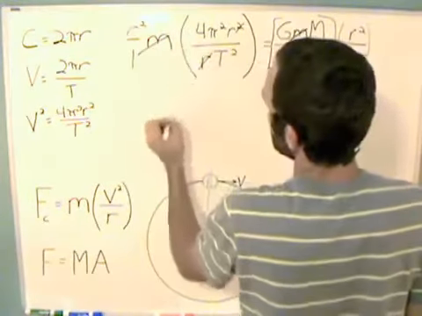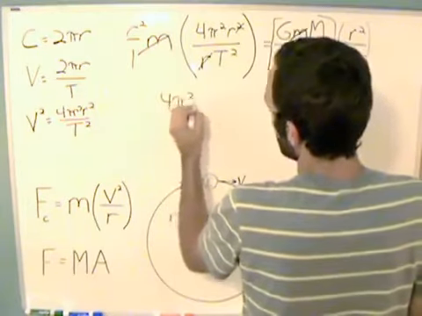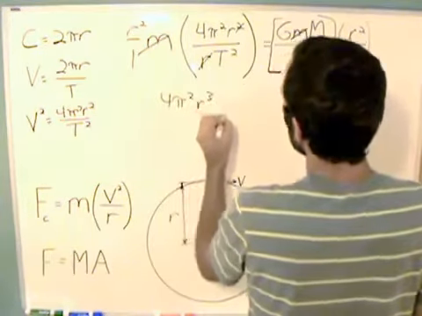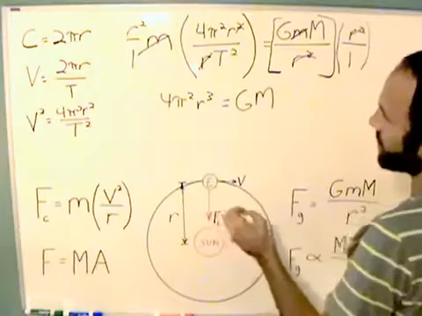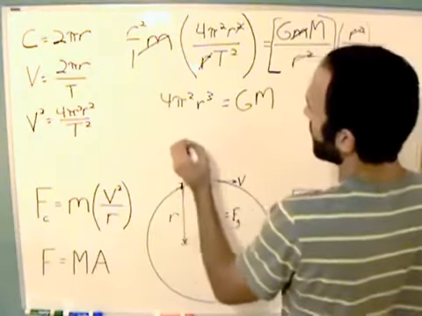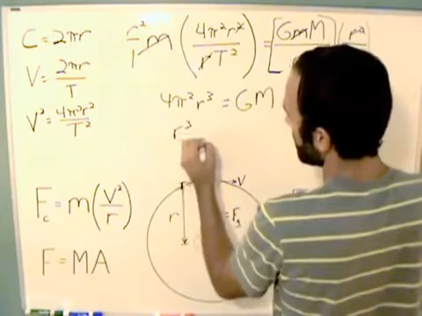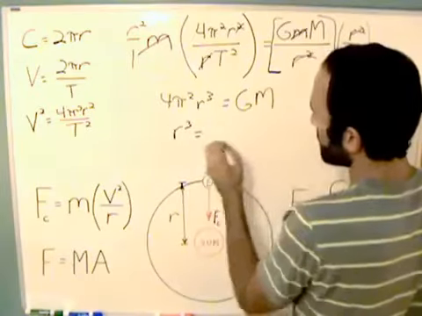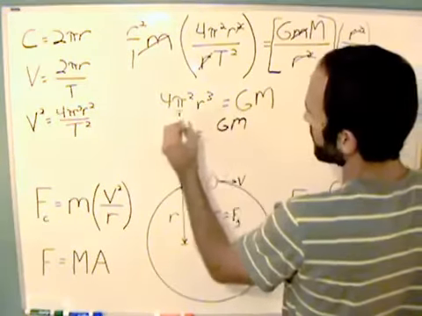And that gives us 4 pi squared r cubed equals, and r squared cancels on this side, G times big M. And then we want to get r by itself over here, so we just divide by 4 pi squared. I'm not going to actually show the steps, but we'll just say r cubed equals GM, nope, I missed T cubed. And I might just write this out.